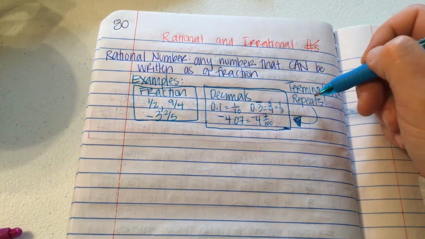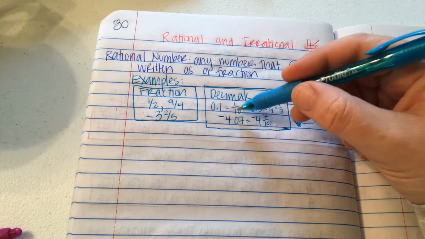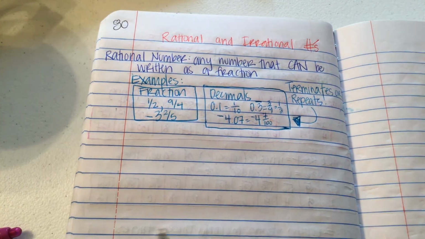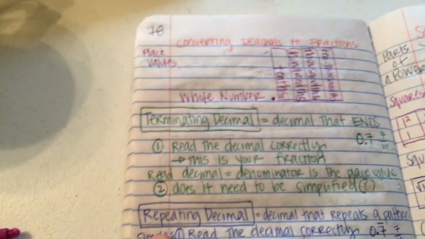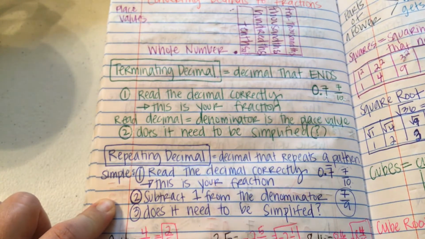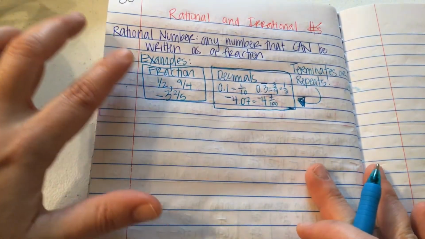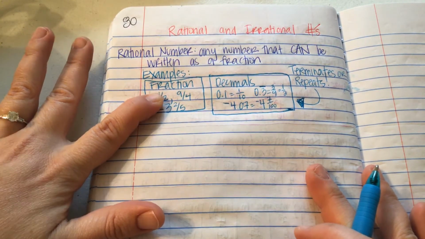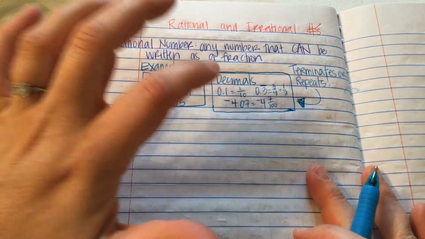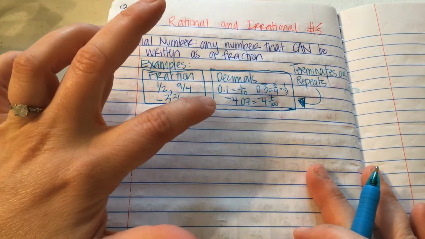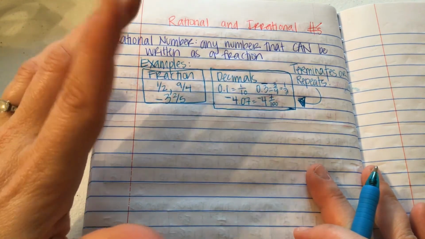If it terminates, if it stops, it works. Or if it repeats, it works. Remember my rules over here, terminating decimals and repeating decimals. So fractions can become a fraction because they're already a fraction. Decimals can become fractions because we read them correctly, and then we write that fraction down.